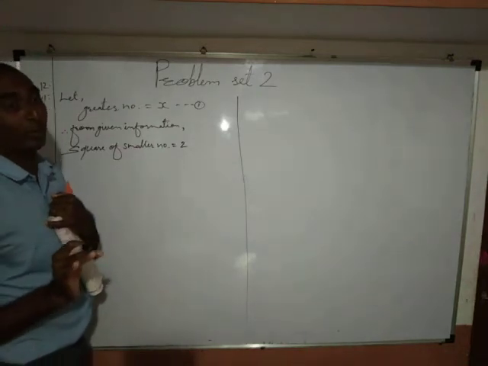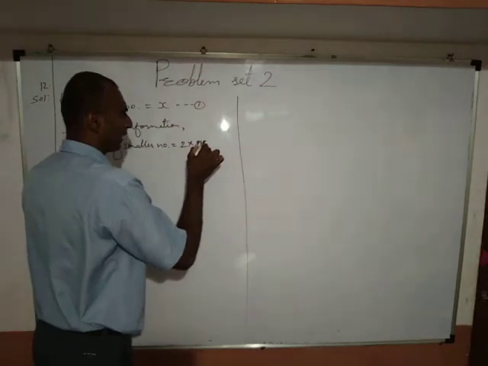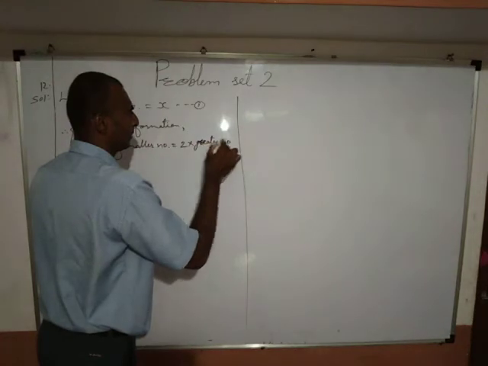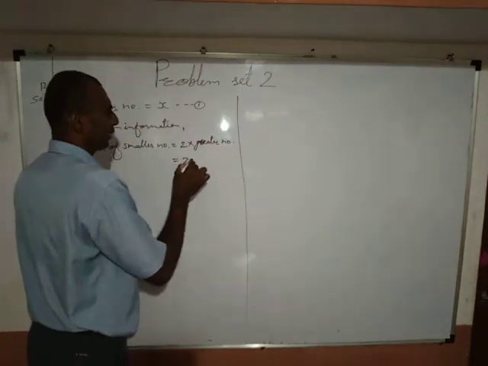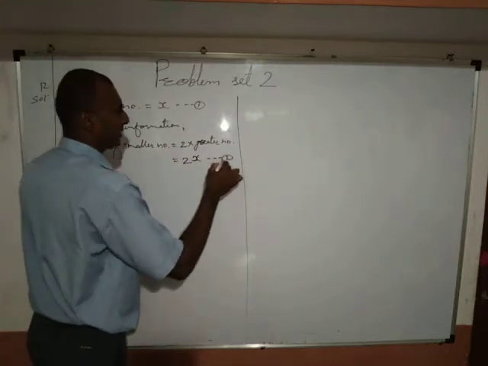It is simply twice the greater number, meaning 2 into the greater number. That equals 2x. Equation second.